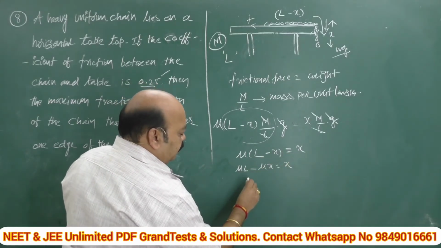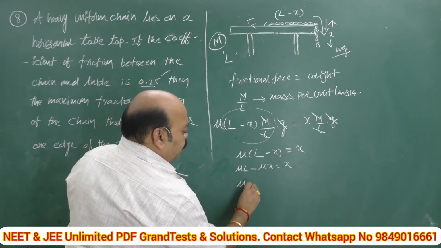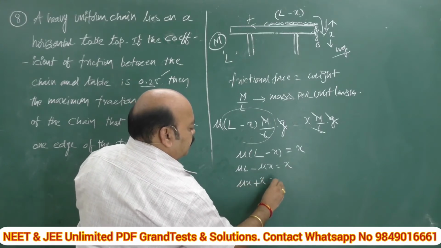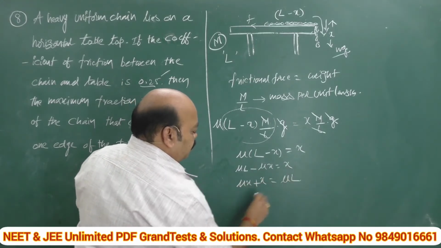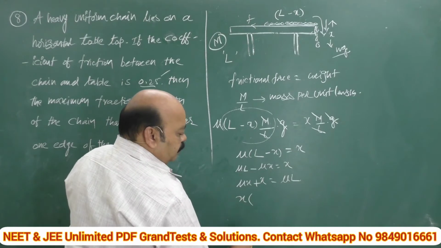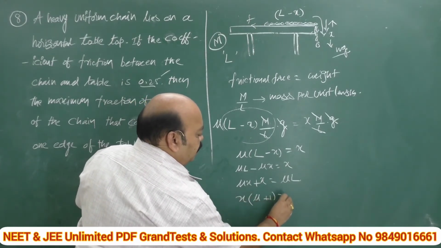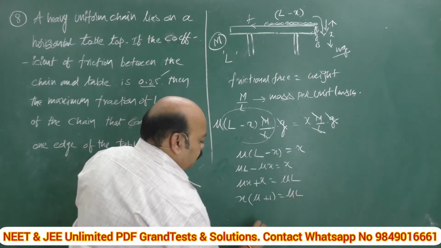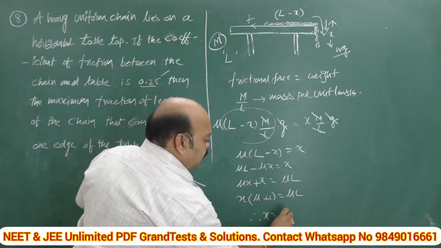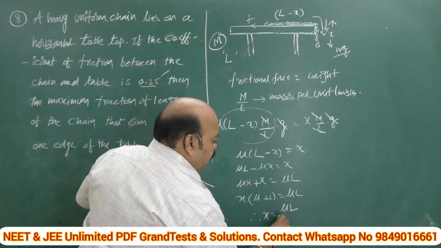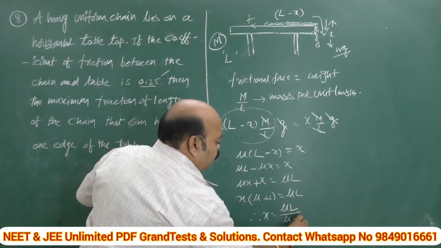Taking x terms to one side, we have mu x plus x is equal to mu L. Taking x as common, we have x into (mu plus 1) is equal to mu into L. Last step, therefore, x is equal to mu L by (mu plus 1).